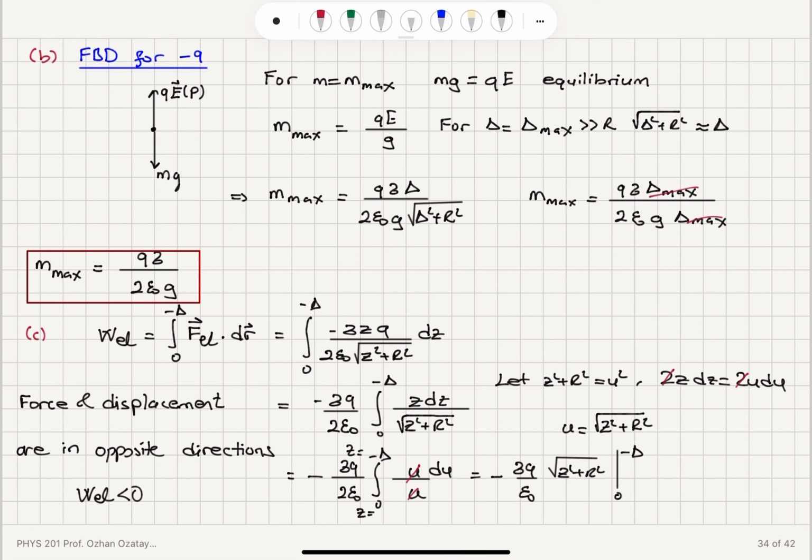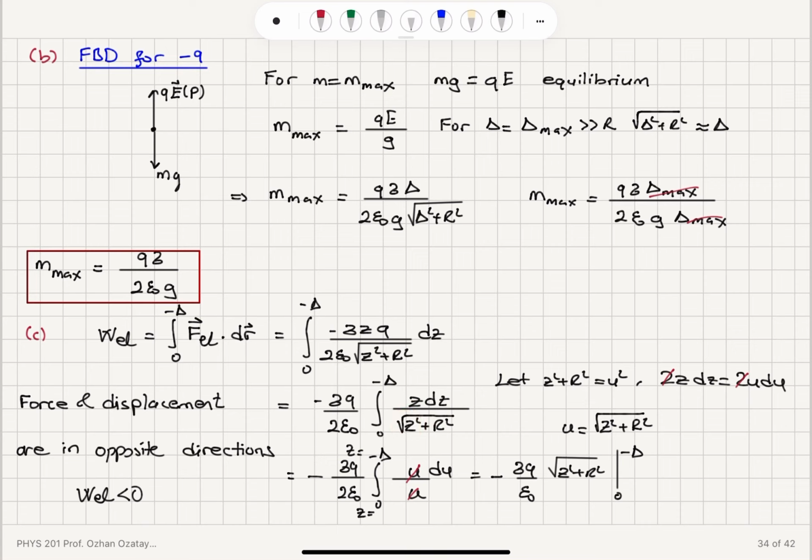Okay, so we looked at the work done by these two forces as the particle falls down. So first we do from 0 to minus delta the dot product of the electric field with displacement. And this work has to come out negative because they're in opposite directions. So I put a minus sign here. It is minus sigma q dz over 2 epsilon 0 times the square root of z squared plus r squared. For this one, z squared plus r squared is equal to u squared, and 2u du is 2z dz, so u is the square root of z squared plus r squared.